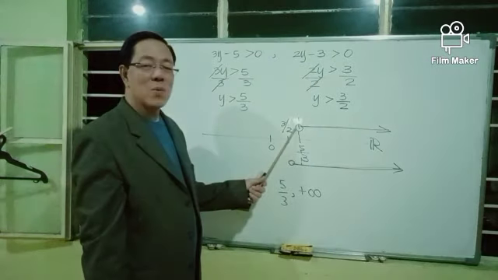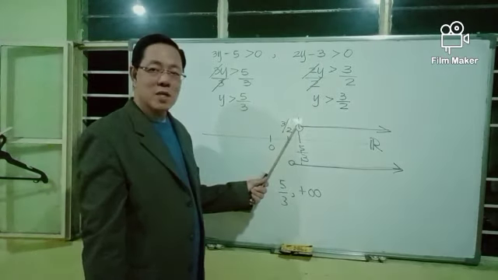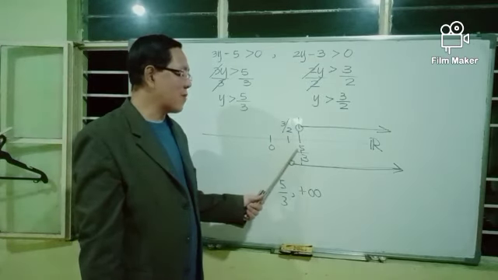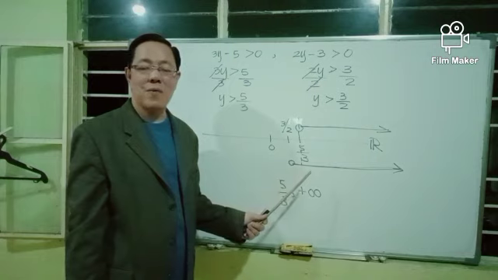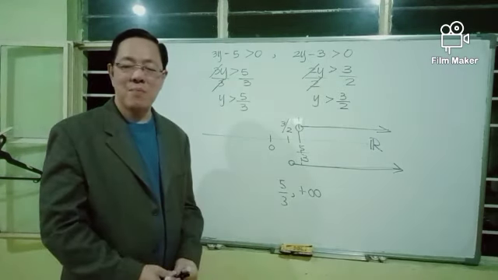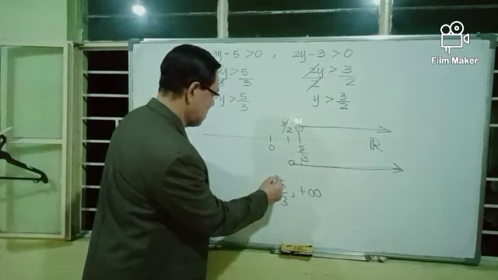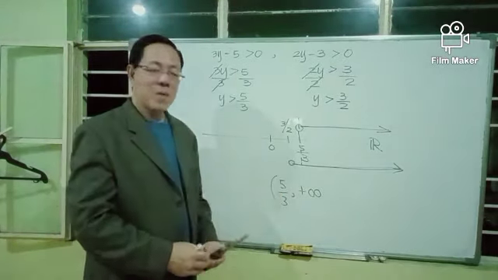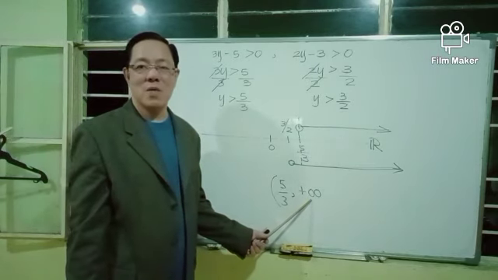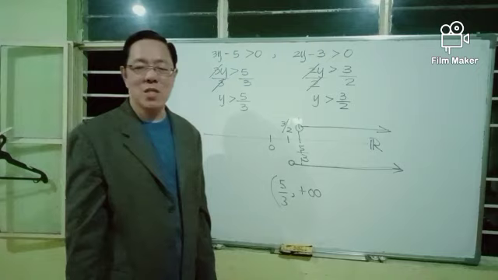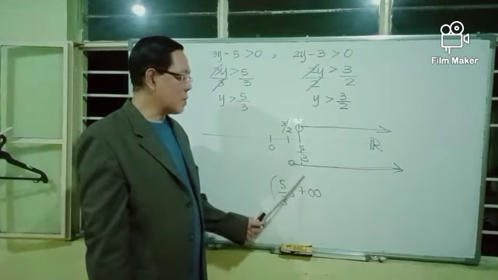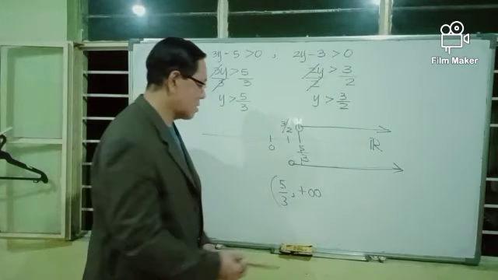At 5 over 3, we have a small circle, which indicates that 5 over 3 is not part of the solution. Thus, at the left endpoint, we use an open parenthesis. And because positive infinity is not actually a real number, but a symbol representing a very, very large positive real number, at the right endpoint we also write a close parenthesis.